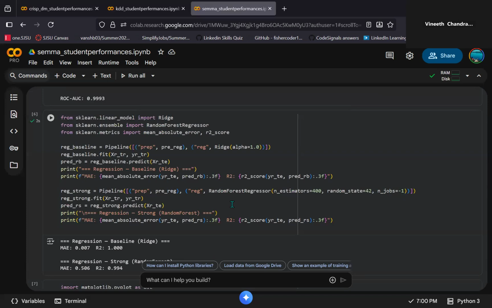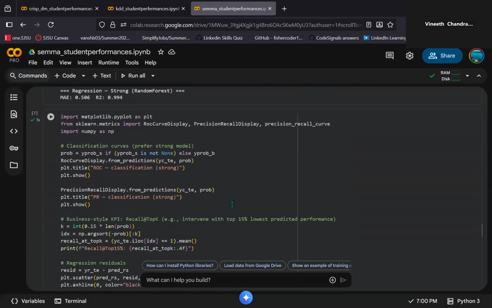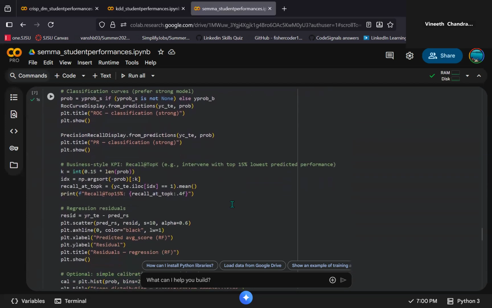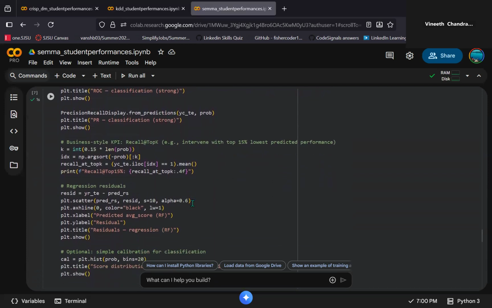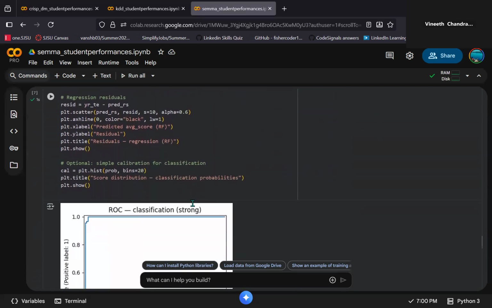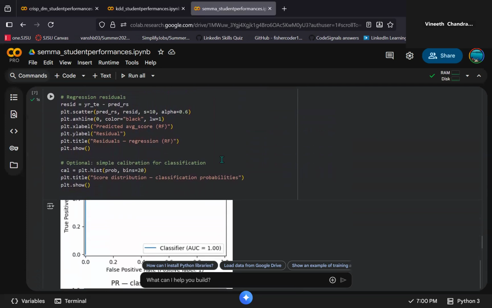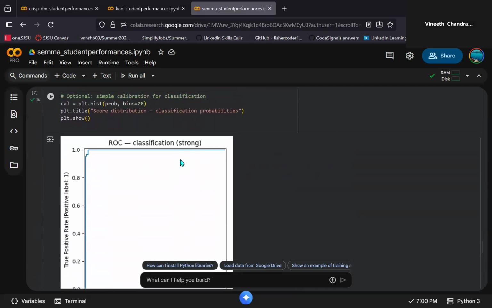For regression, the plots didn't show any major bias, confirming that the model's predictions are stable across score ranges. As you can see, this is the output for the recall at top K and the regression graph.